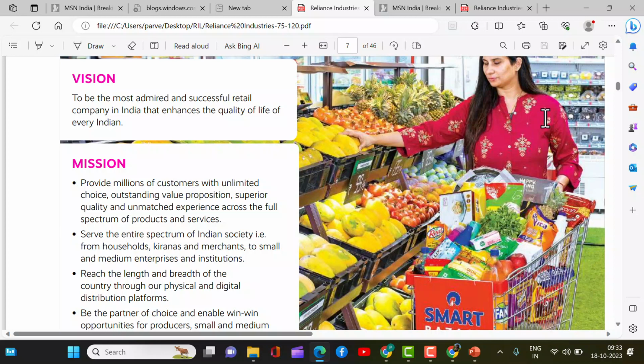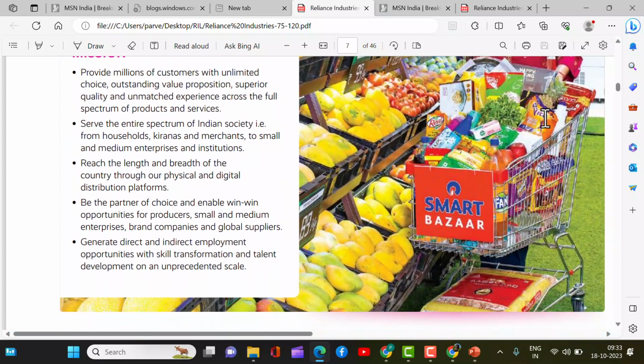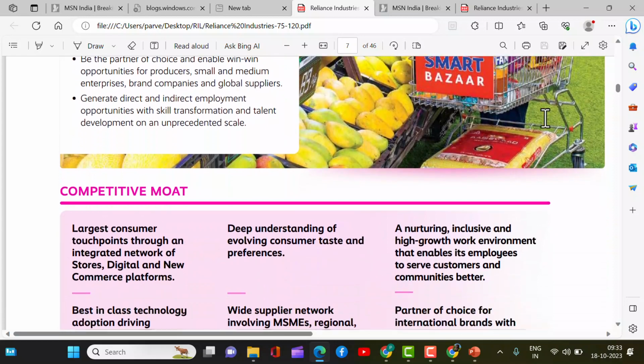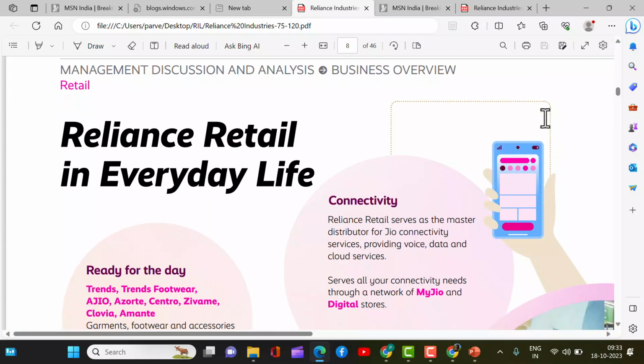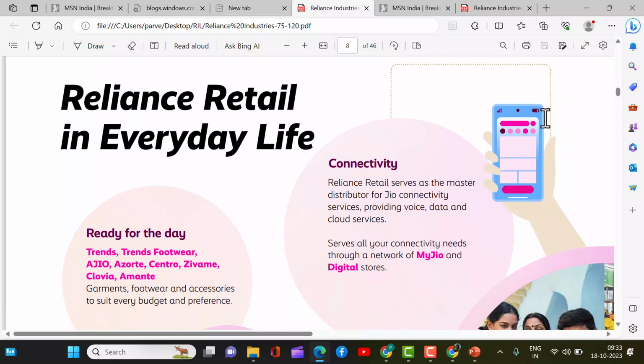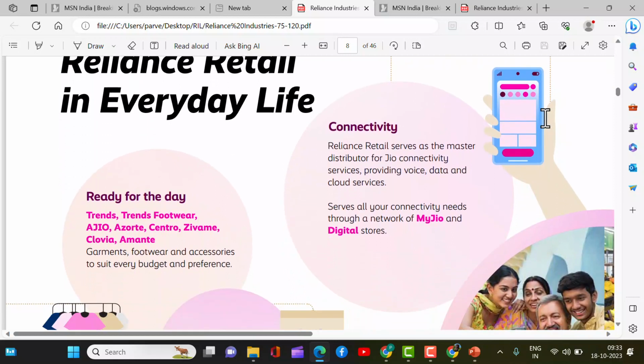So let's talk about what kind of groceries are coming from Reliance. Reliance Retail in everyday life. First is getting ready for the day. Just read. Trends footwear, garments, footwear. These are the brands which are owned by Reliance.